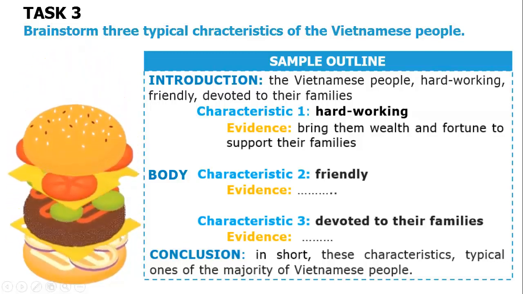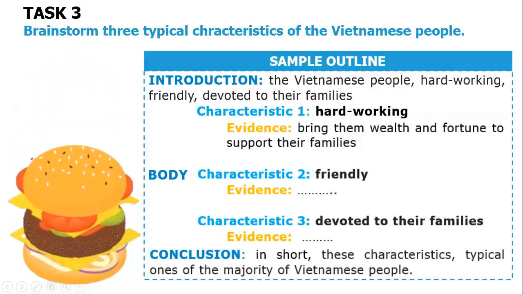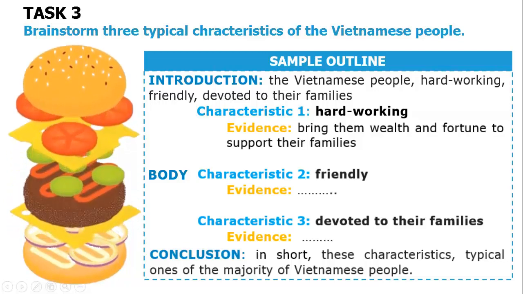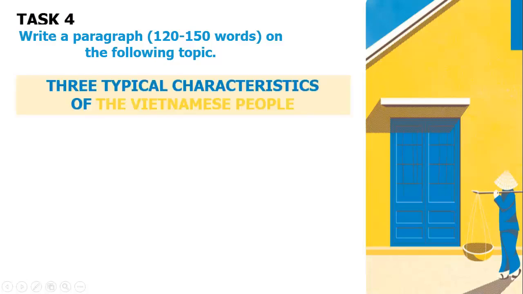After getting some ideas and the sample outline for the given topic, it's time for writing. Now, we move on to Task 4. Based on what we have learned above, write a paragraph of 120 to 150 words about 3 typical characteristics of the Vietnamese people.